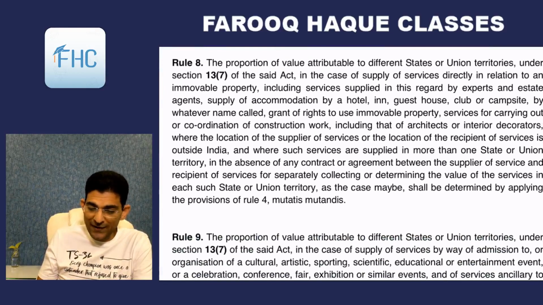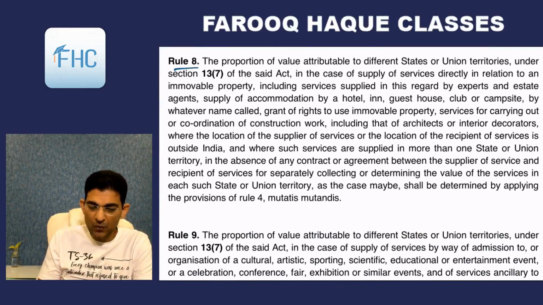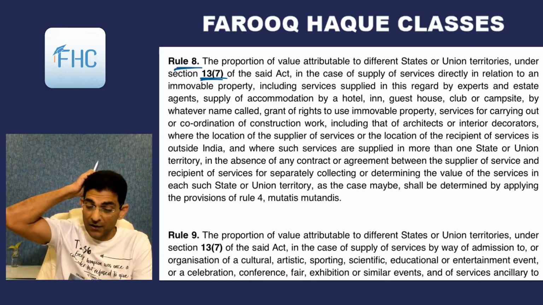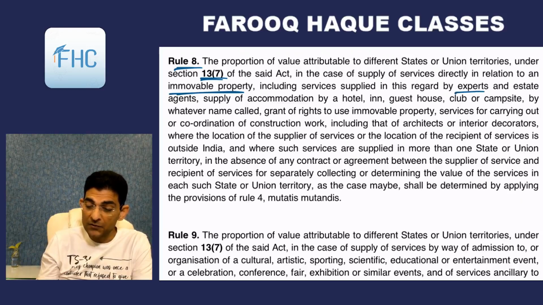The next is rule 8. Now rule 8 doesn't give a different method. Rule 8 is relevant for section 13(3) in respect of accommodation and immovable property, services in relation to immovable property, including those given by experts and estate agents, supply of accommodation by a hotel or guest house, etc. Granting rights to use immovable property means lease and rentals.